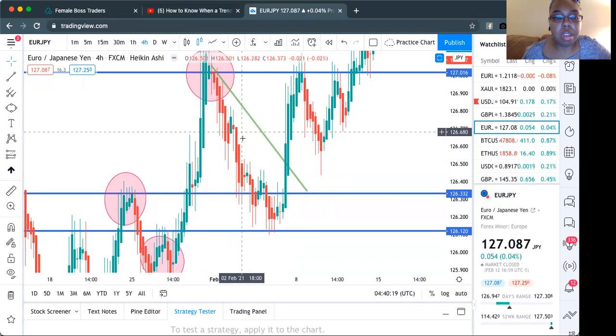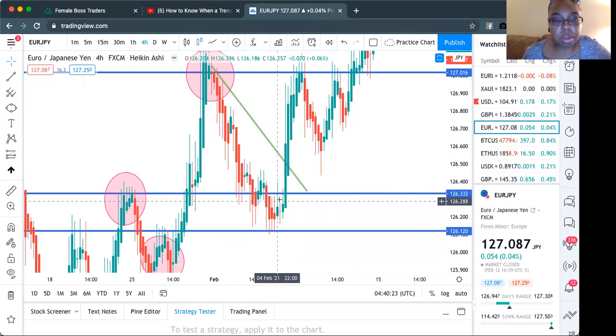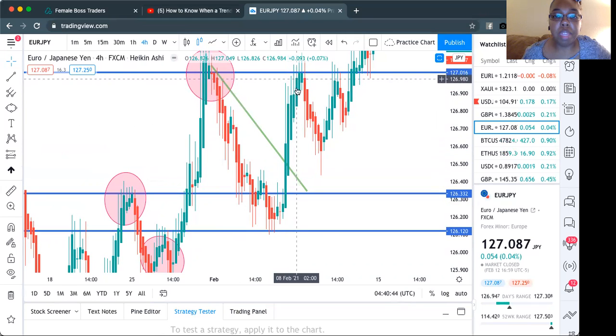And then after that, you can kind of see where in here there's some consolidation happening. Just right in here. That lets you know another uptrend is happening. And in this shot up, you could have caught some money here.